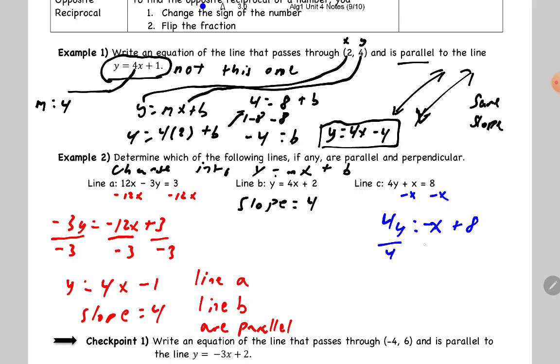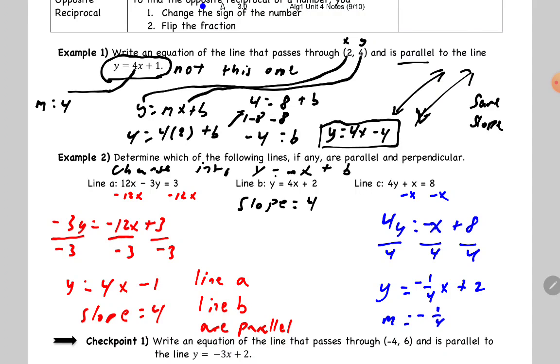I'm going to divide everything by 4 to get y by itself. So y equals negative 1/4 x plus 8 divided by 4, which is 2. So my slope for line C is negative 1/4.